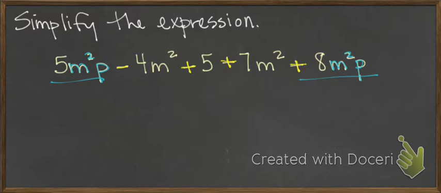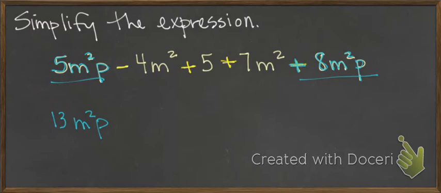Notice for the one on the right, I also underlined that plus sign because it's important to know that this is a positive 8 m squared p. And over here on the left, this is also a positive 5 m squared p. So how many m squared p's do we have? Well, we had positive 5 and we added 8 more, so we have positive 13.